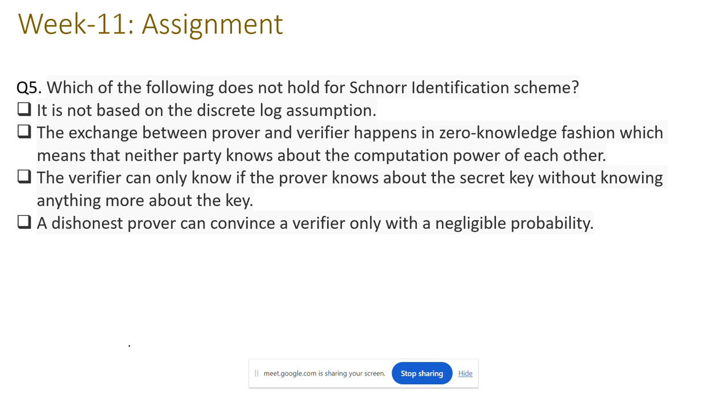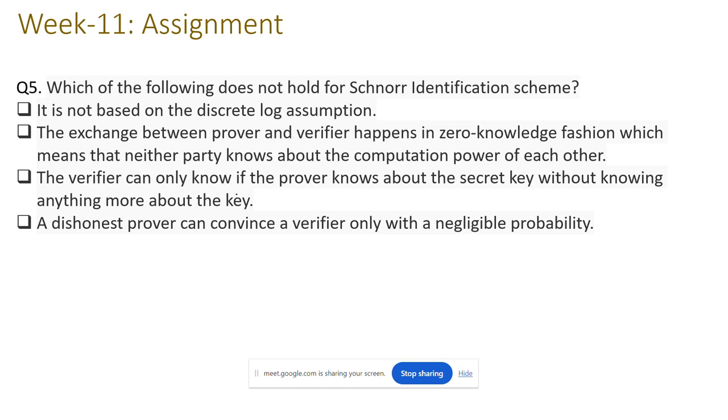The last statement says a dishonest prover can convince a verifier only with negligible probability. This is true, right? Negligible probability will always be there, but otherwise a dishonest prover should not be able to convince a verifier in a zero knowledge protocol. And that is what the soundness property of zero knowledge says.